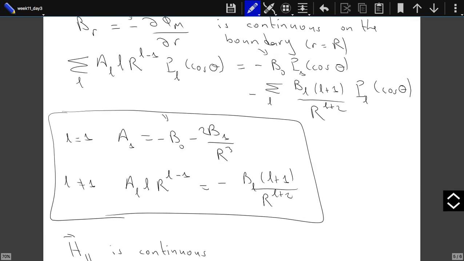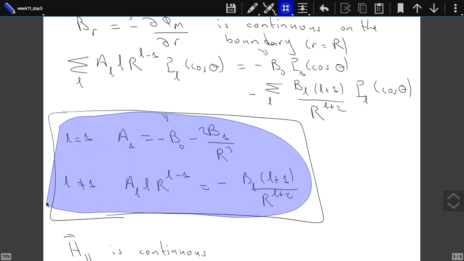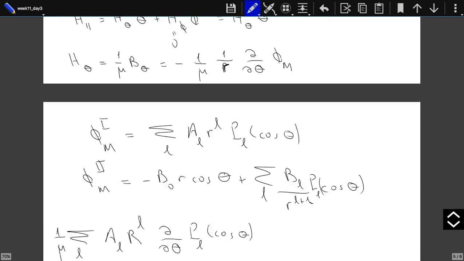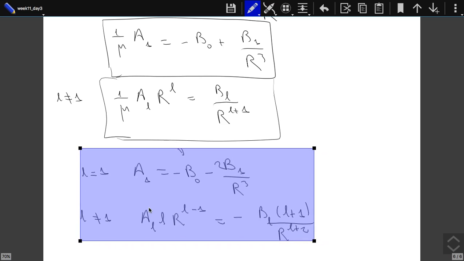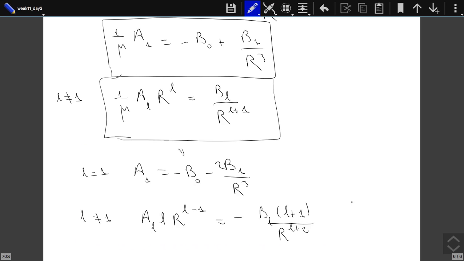Now let's look at our previous expressions and compare it with our current expressions. You see, this equation for L not equal to 1 and this equation for L not equal to 1. The last line tells me that A_L and B_L should have opposite signs.